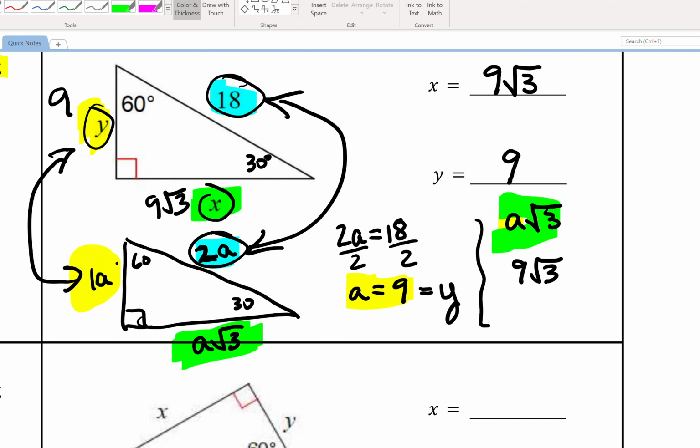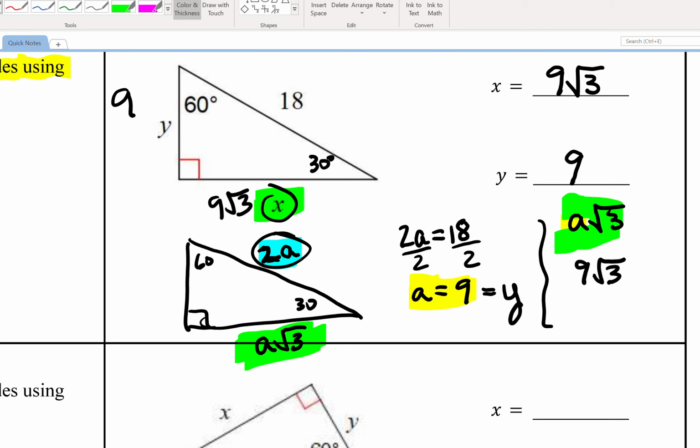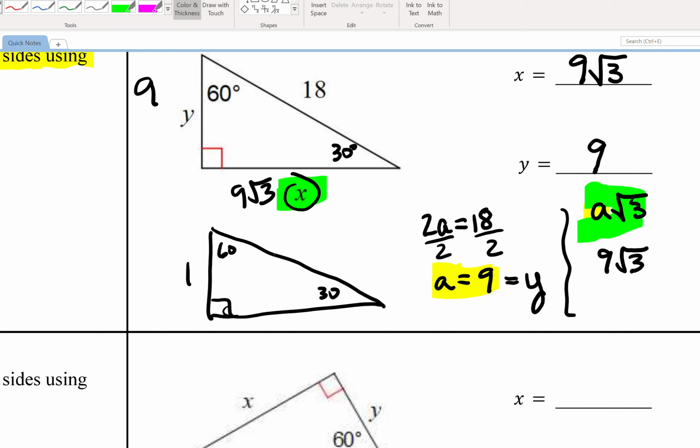Ahora, si lo comparamos aquí, podemos mostrar que el lado más chico es 1 y la hipotenusa es el doble, 2. Y el cateto más largo de los dos catetos es radical 3.